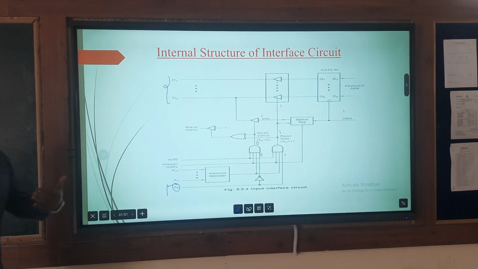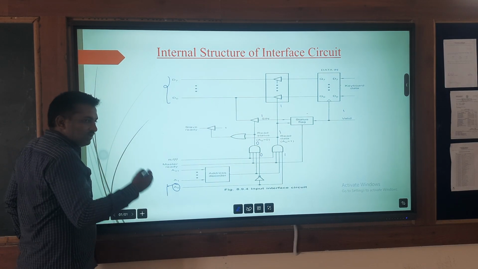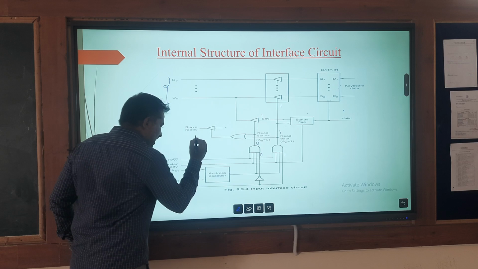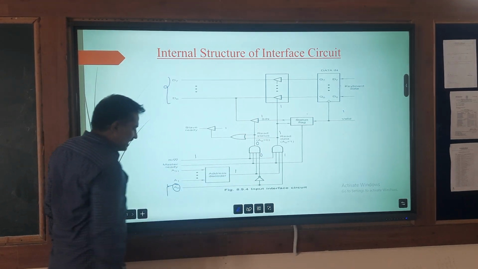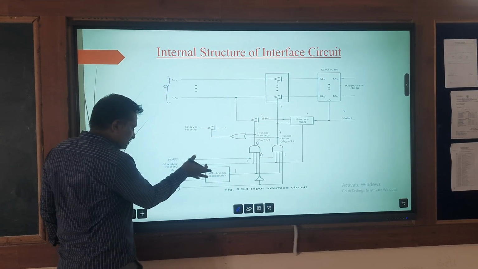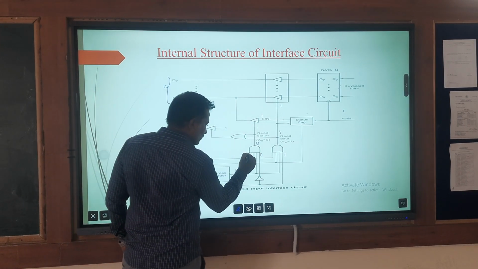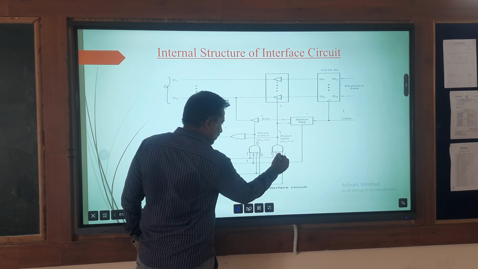Suppose I want to perform a read operation, then what can we do? In case of a read operation, R/W bar is equal to 1, the address equal output will be treated as 1, and the master ready signal is equal to 1. These 3 bits are always equal to 1. So 1, 1, 1. Here also 1, 1, 1.